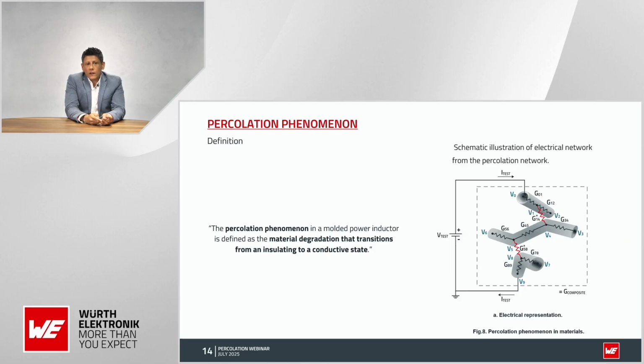And they change in the way of a percolation network. So here we can see an illustration about the percolation. We can imagine that the particles before were these ones. So they could be connected or not, but the particles are in a safe area until they fail.